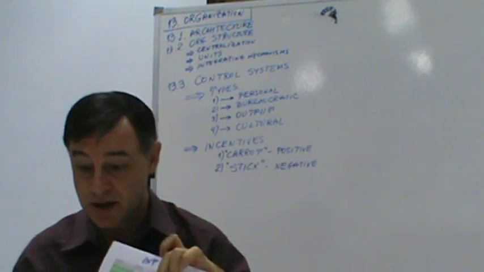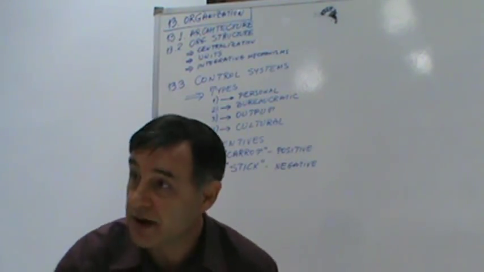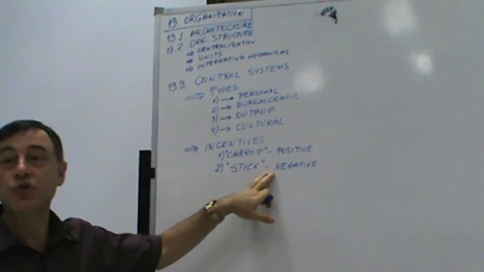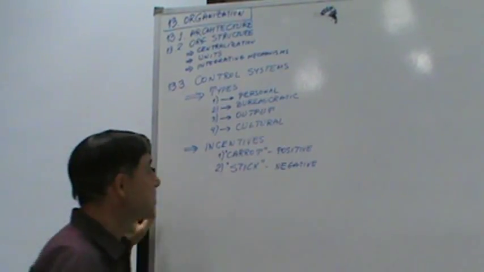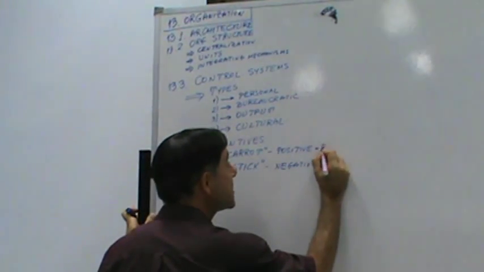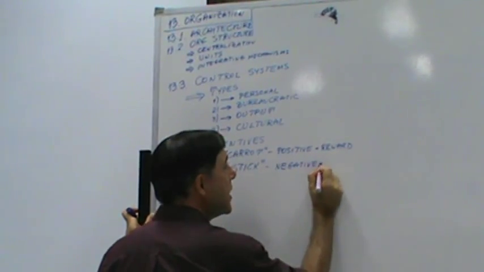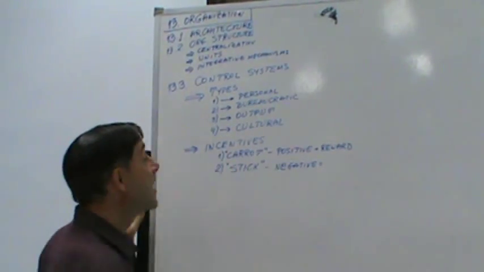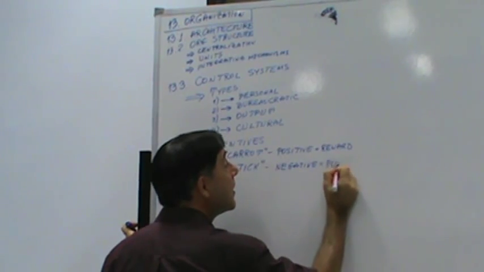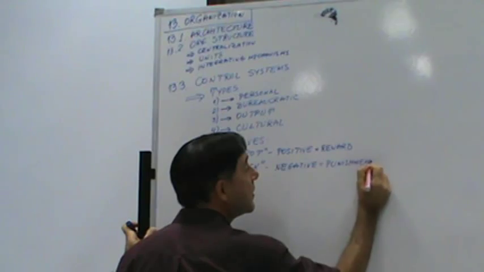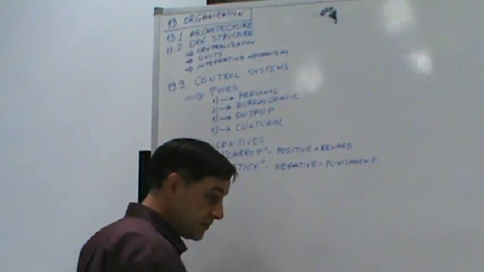You all know that. When we get done, I'll have to take the attendance. So the stick is some sort of punishment. So positive is the same as reward, and the negative is the same as punishment.